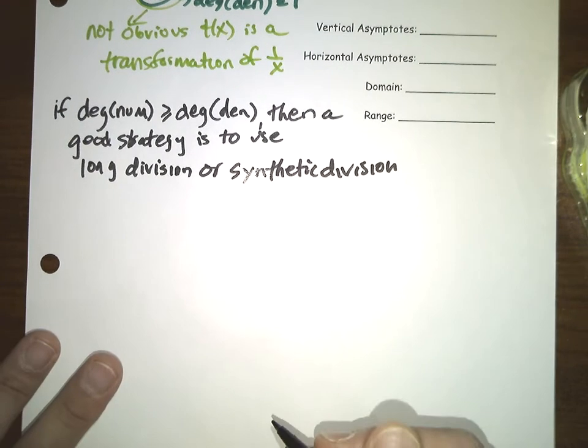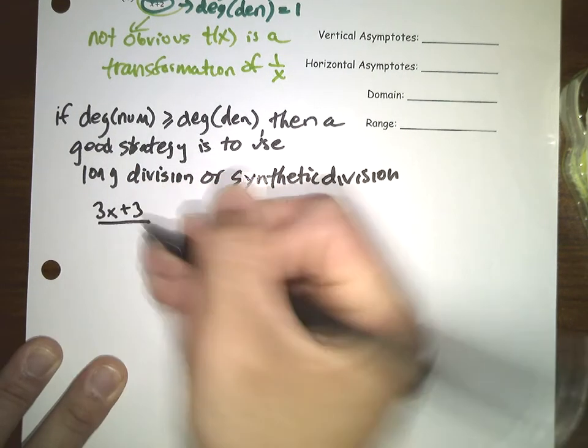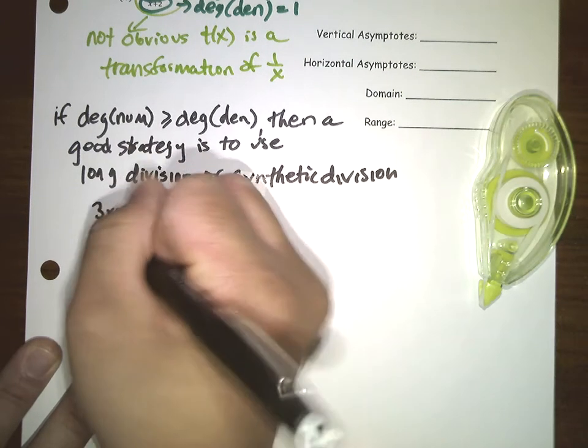In this case, I can use synthetic division. So I have, again, (3x minus 3) over (x plus 2).